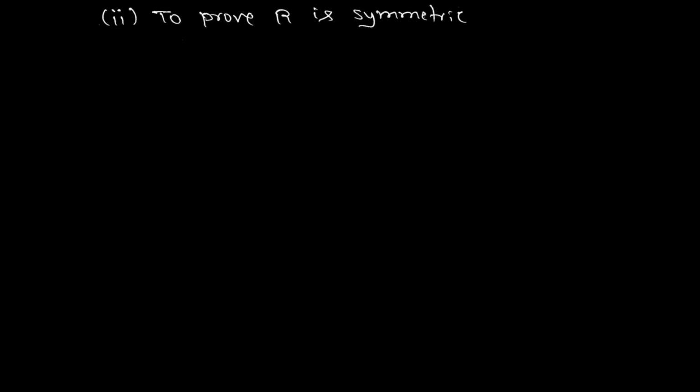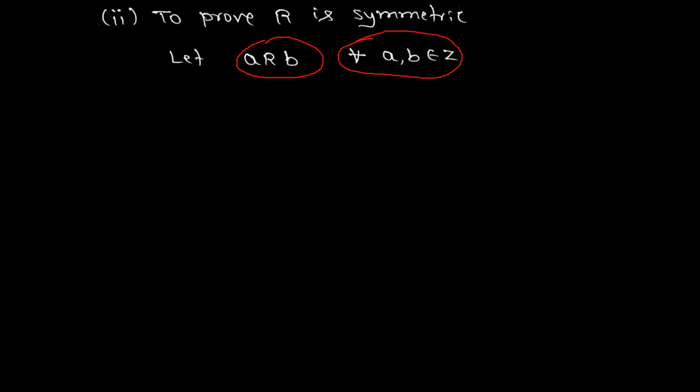Now let us prove R is symmetric. For that, let us consider a is related to b for all a, b belonging to Z. Finally we need to prove b is related to a.